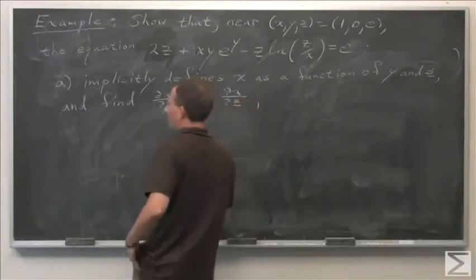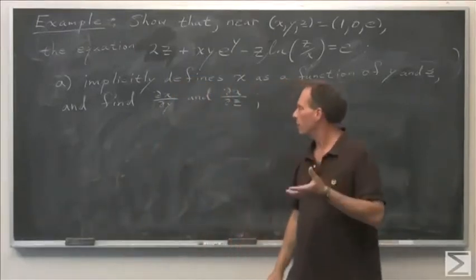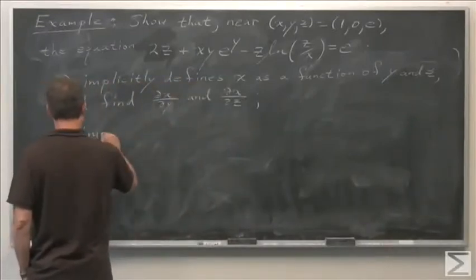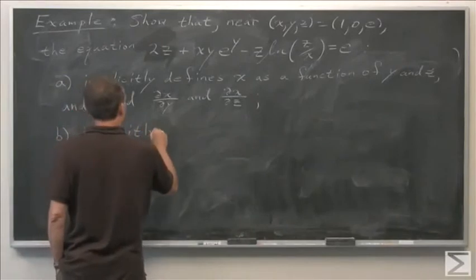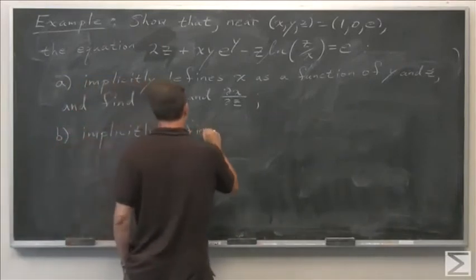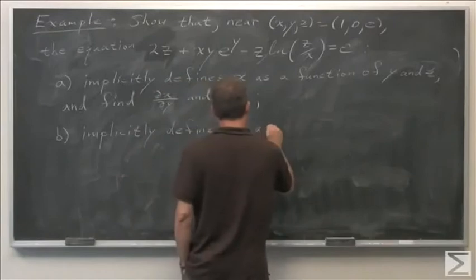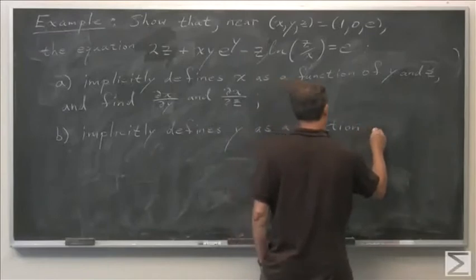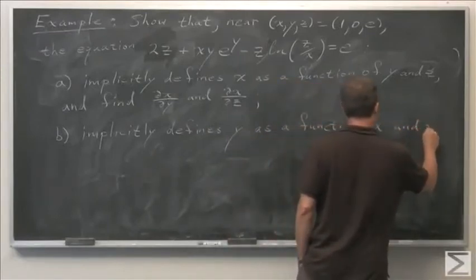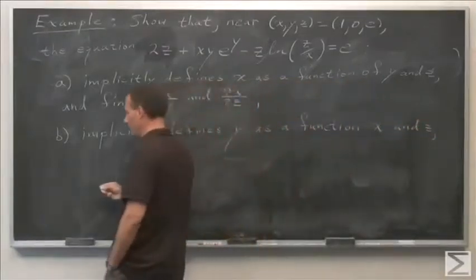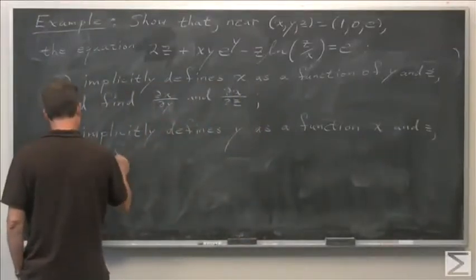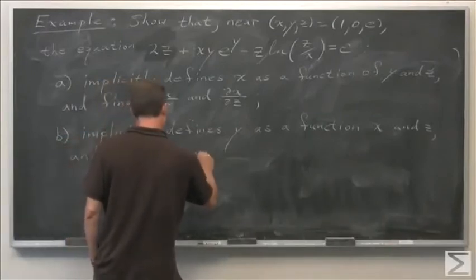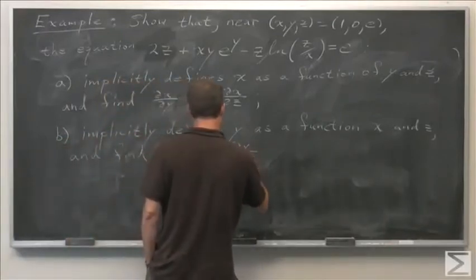All right, so that's the first part. Second part, it also implicitly defines y as a function of x and z, and find the partial derivatives, the partial derivative of y with respect to x and the partial derivative of y with respect to z.